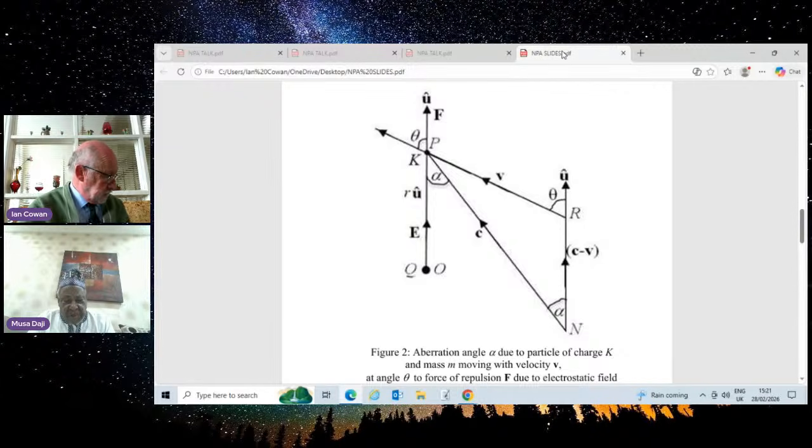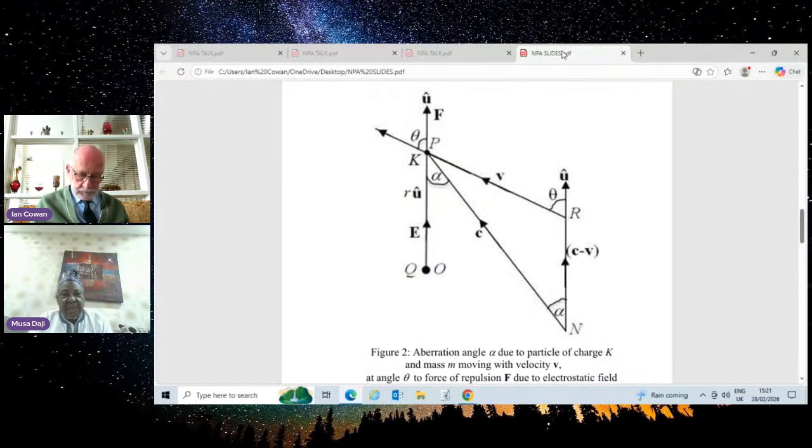Another related phenomenon is aberration of electric field. The figure here, figure 2, explains aberration of electric field. Aberration of electric field is a phenomenon missing in physics.